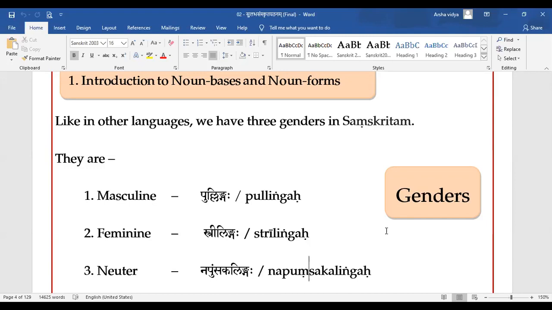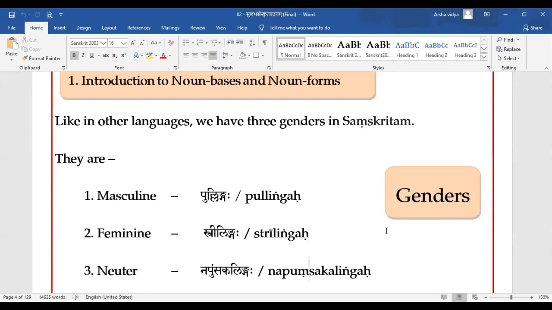So napumsakalinga, strilinga, pullinga. A shabda has gender. Remember, in Saṃskṛtam, shabda has gender. And the namapadam derived from the shabda will be of the same gender. If the shabda is masculine gender, then the namapadam derived from it must be masculine.